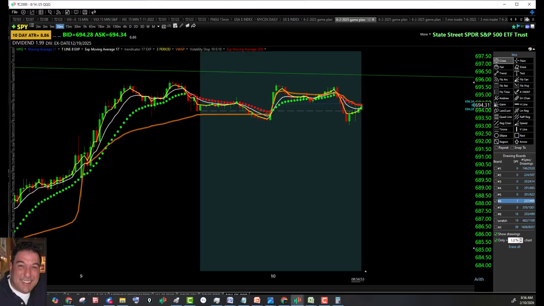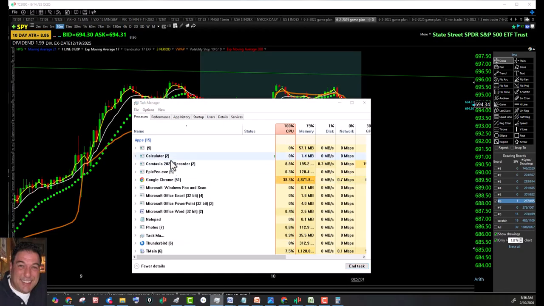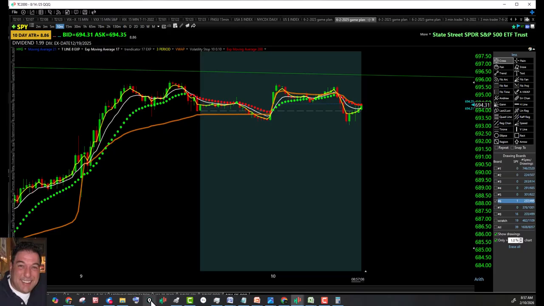Why can't the arrows work? Can't stand this. My drawing tools crashed on me, so give me 2 minutes and I'll get them fired back up. You know, it only happens when I do recordings.